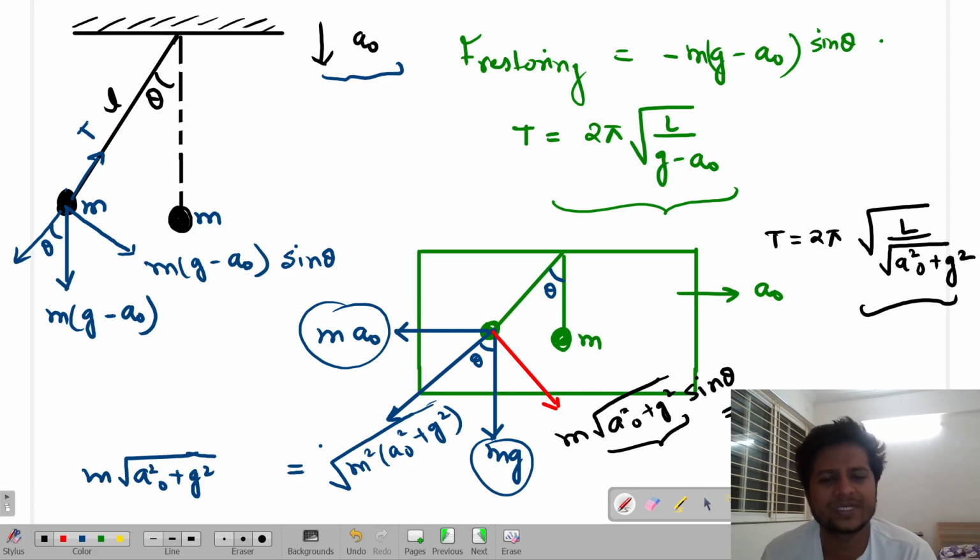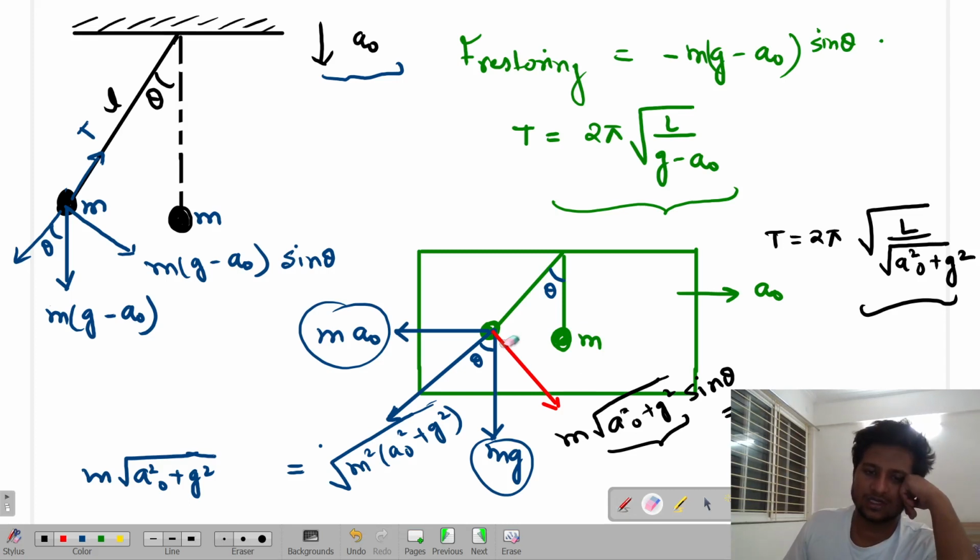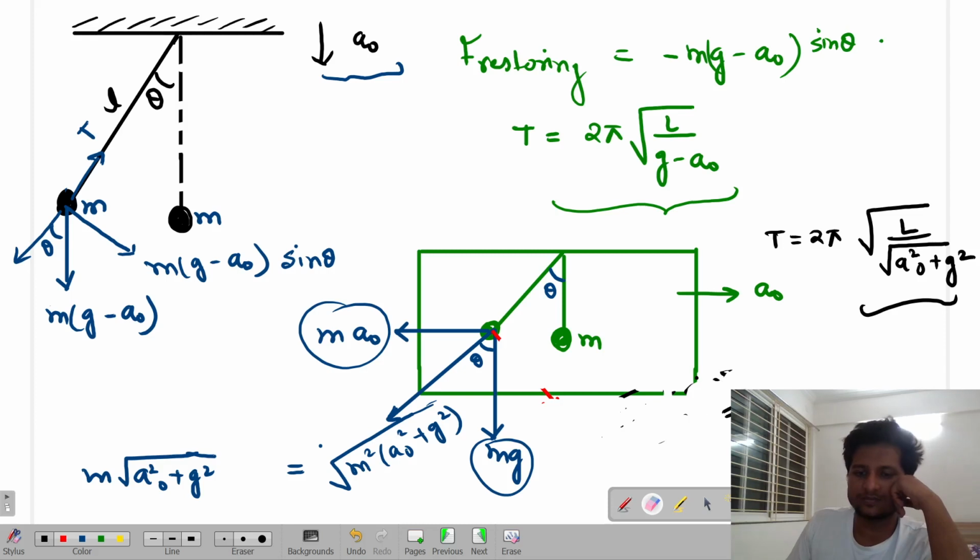1 minute. That's not that sine theta component. Let me just think of that. It's not in that direction basically.